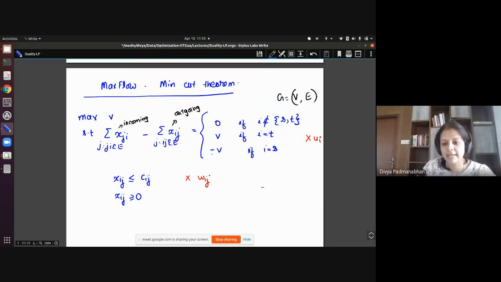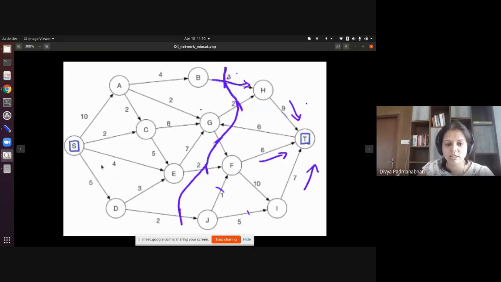For S, the usual assumption is that you don't have anything incoming, so you mostly have everything outgoing from S because it's a source.